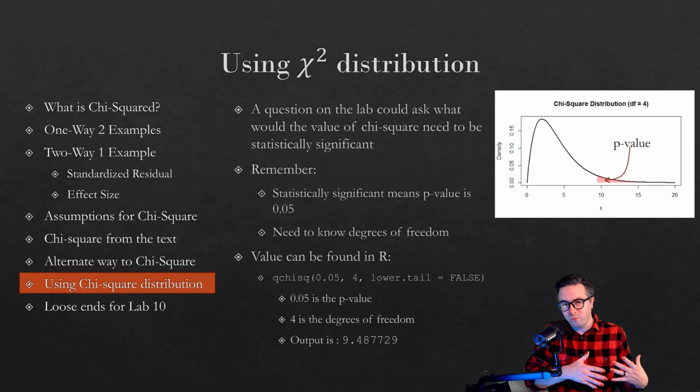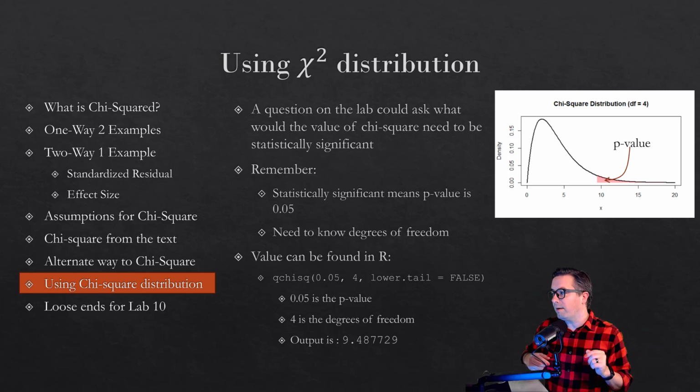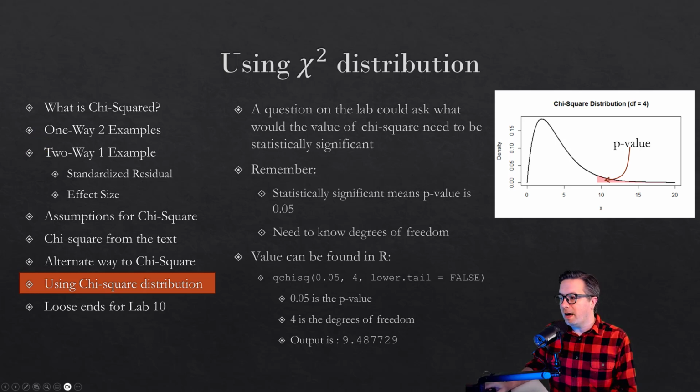To do that working backwards, we can do it very easily in RStudio with qchisq. It's q-c-h-i-s-q, and that's the method we're using. Notice that if we're looking for 0.05 with the degrees of freedom of 4, lower tail false, this will give us what that chi-square has to be at that location. The 0.05 is the area under the curve, or the p-value.